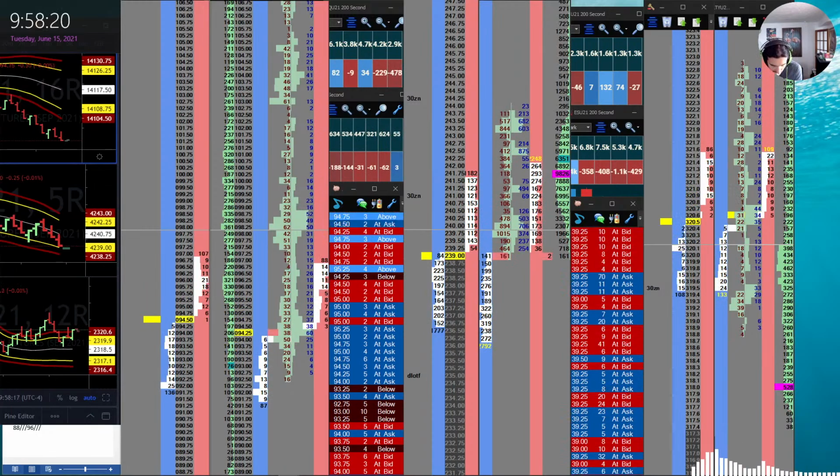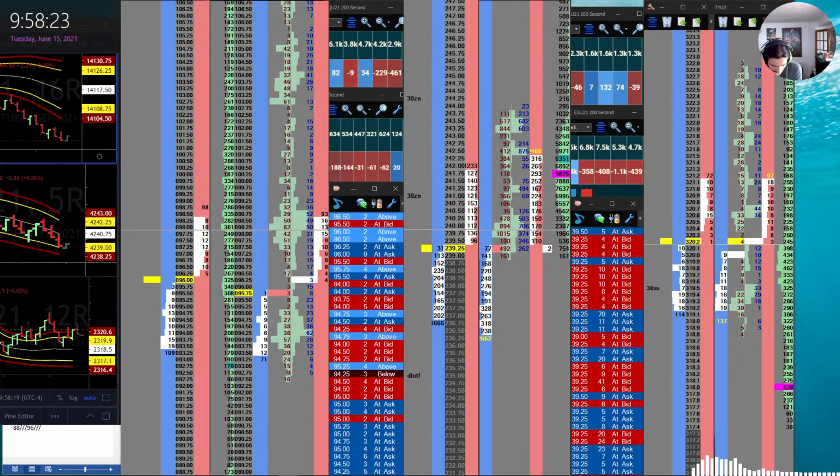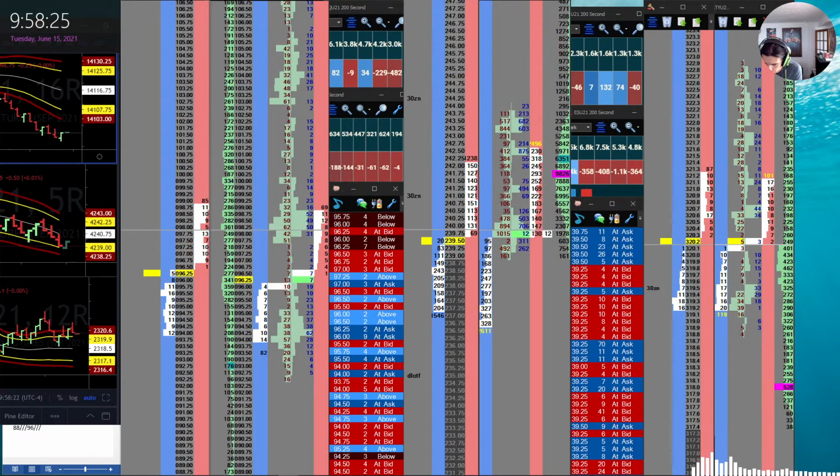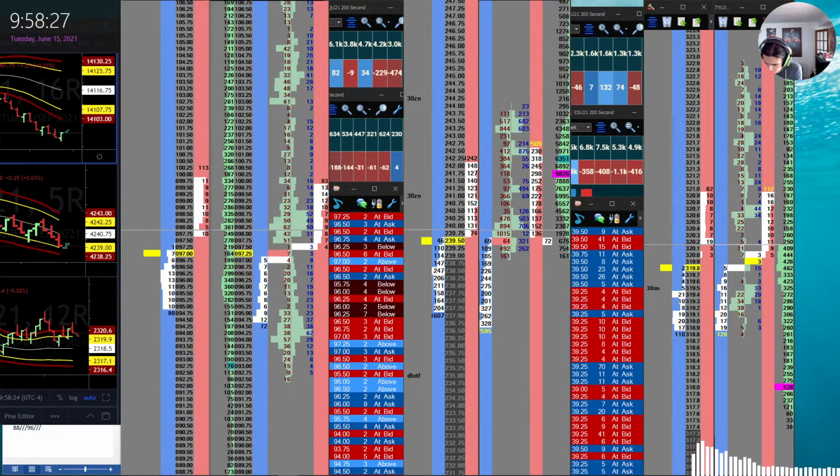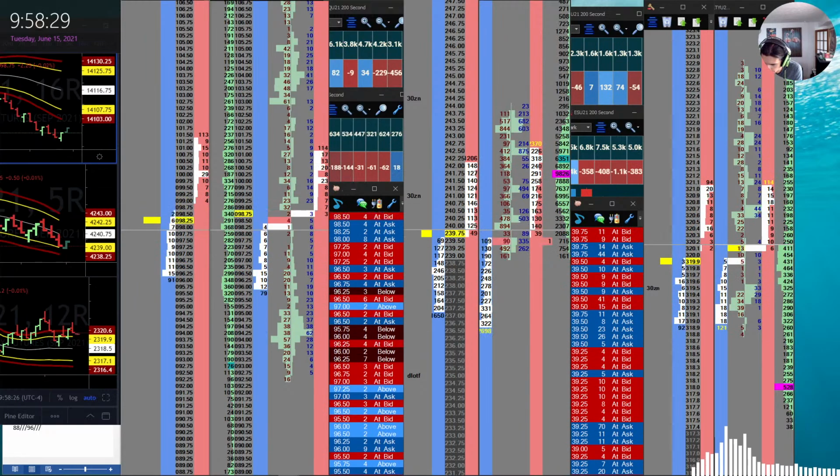Some good selling overall. That's a lot of selling on the Qs here. S&P still near the lows here. The Russell's holding up better.